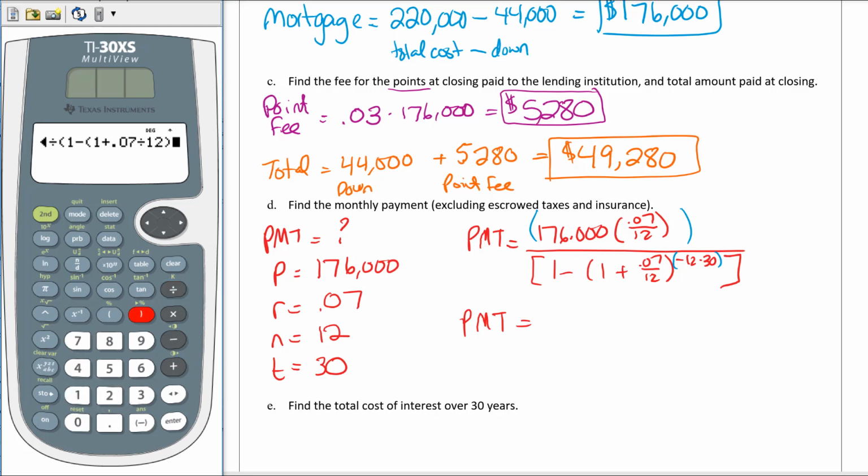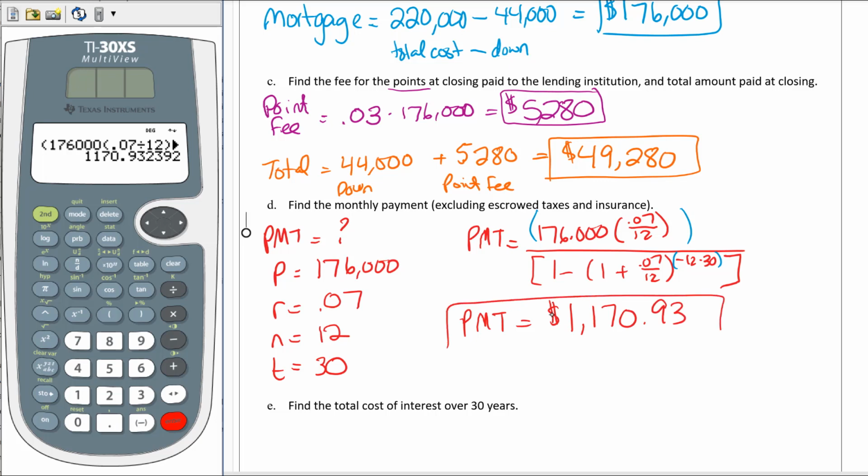Close the parentheses. Caret, parentheses, negative 12 times 30. And end with the last parentheses. So it looks like the payment is going to be $1,170.93.